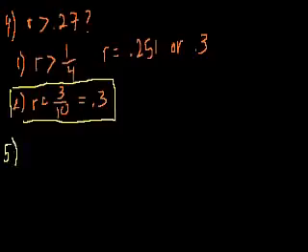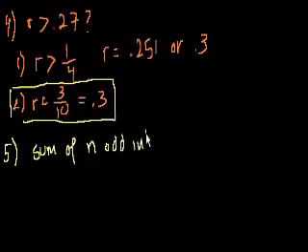Problem number 5. What is the value of the sum of a list of n odd integers? They didn't say consecutive, and they didn't say where it starts. So it's just n odd integers.